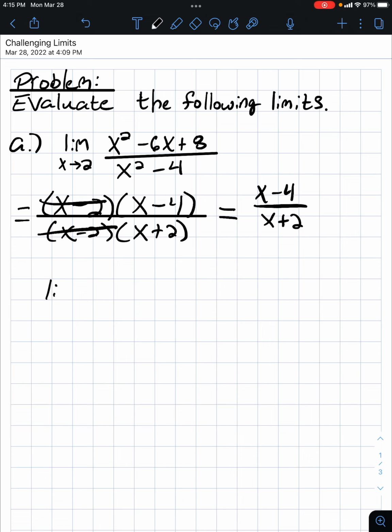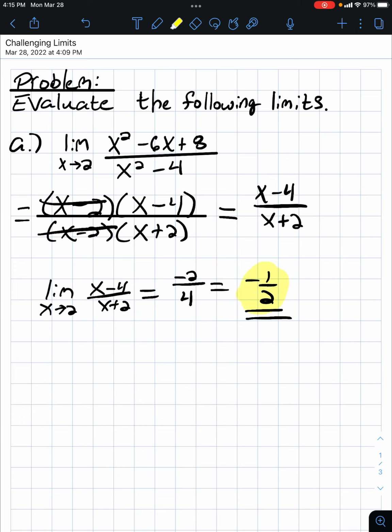So, since we know a limit exists, let's find the limit. The limit as x approaches 2 of x minus 4 over x plus 2 is going to be equal to, we plug in 2, we get negative 2 over 4, which is equal to negative 1 half.